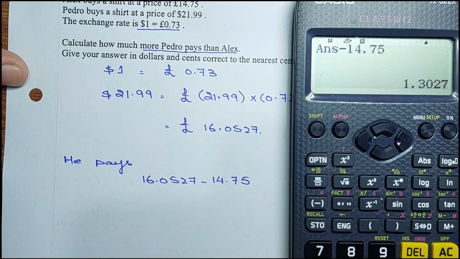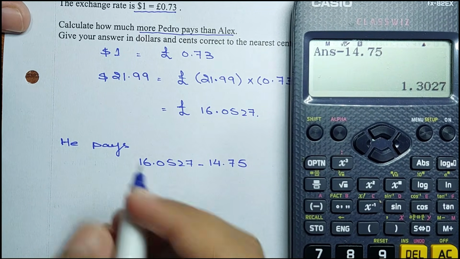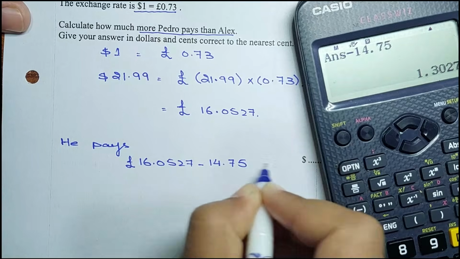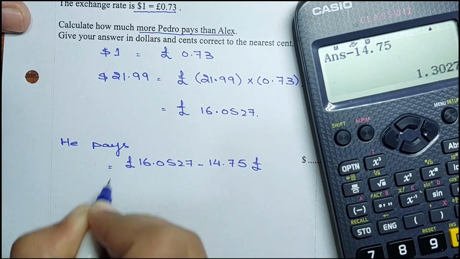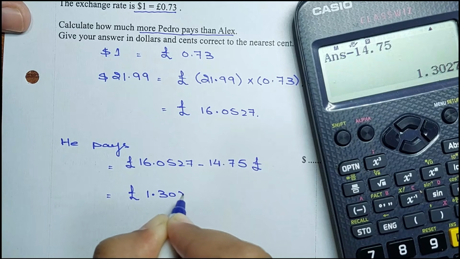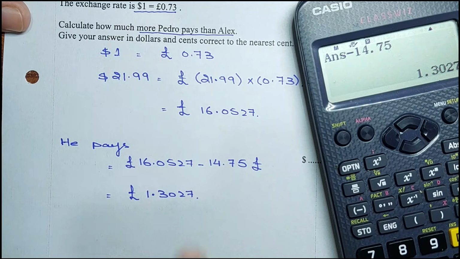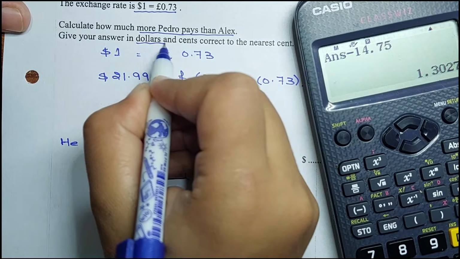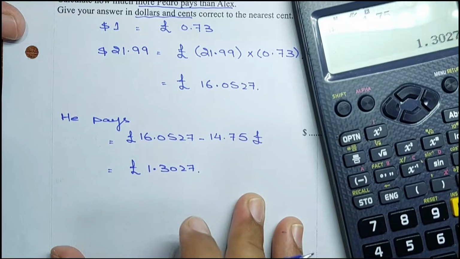Sorry, this is in pounds and this is in pounds as well. So the difference in pounds is 1.3027, and let me convert this into dollars, because our answer needs to be in dollars and cents.